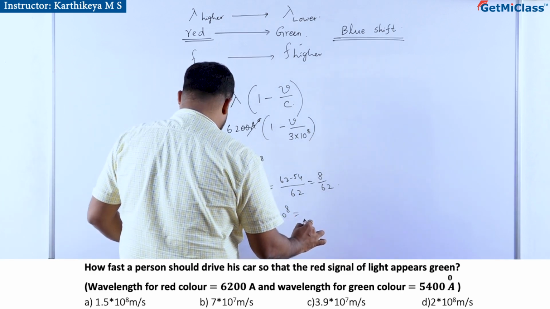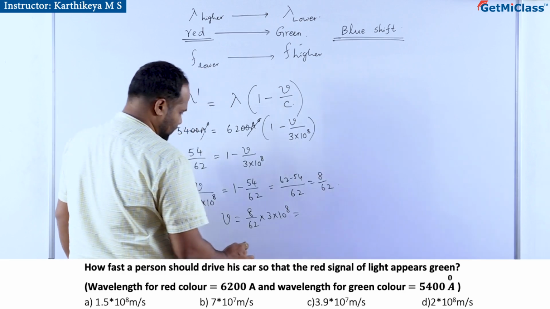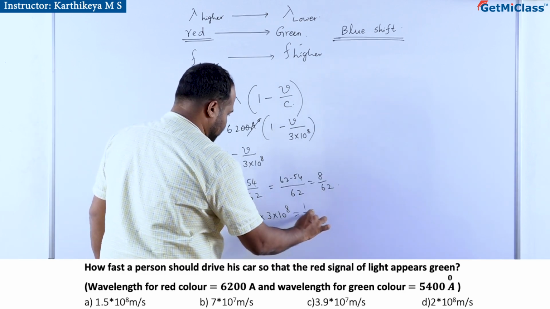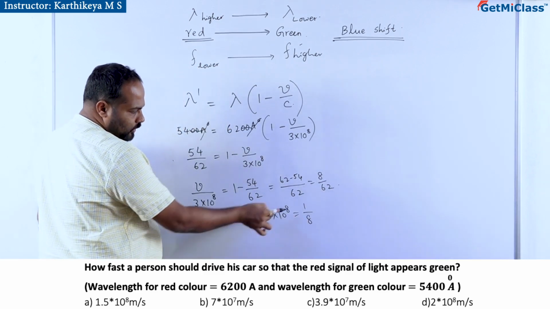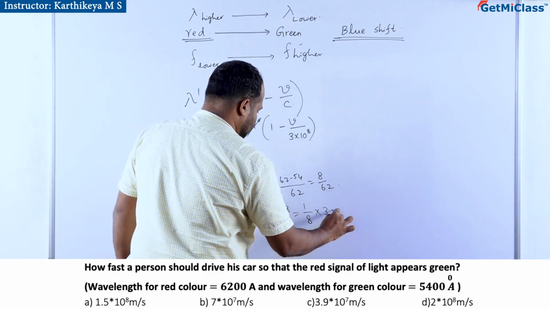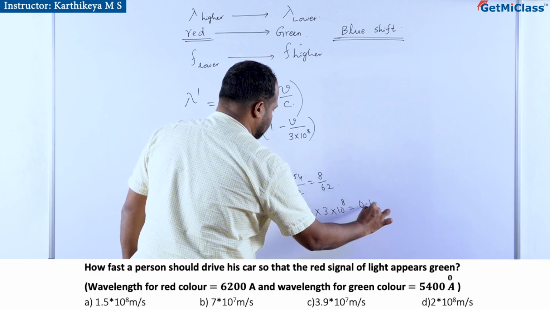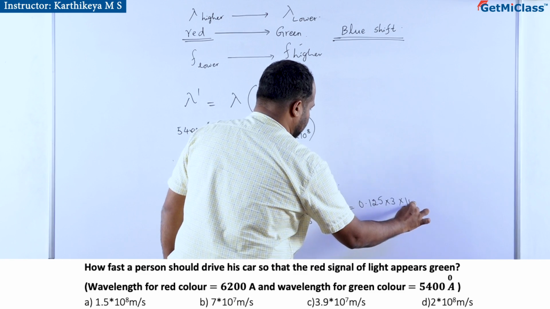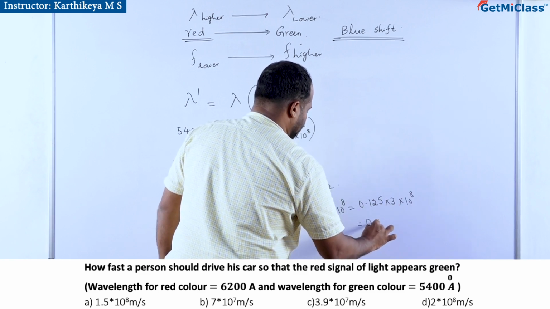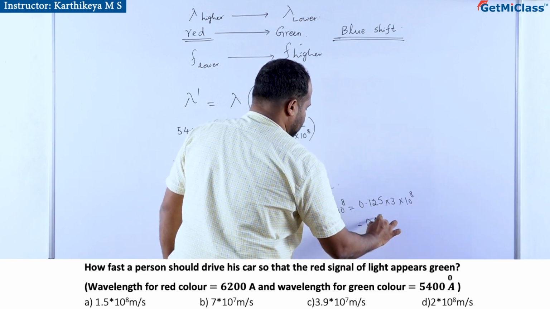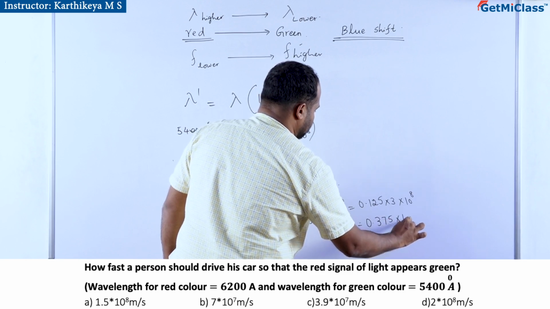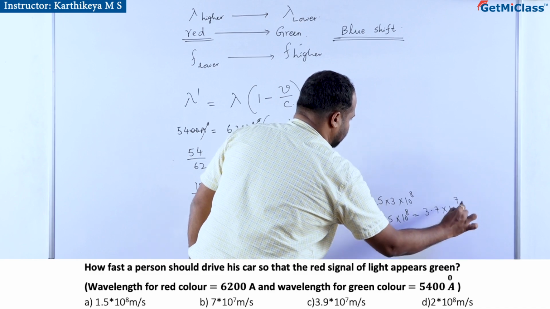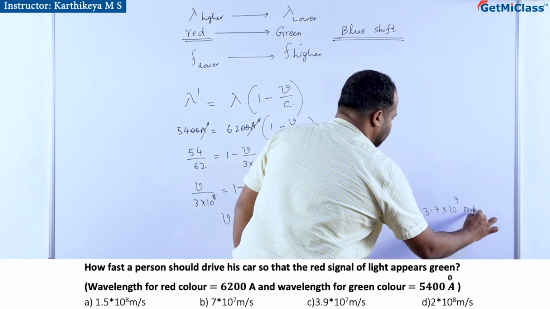Now if I go on calculating this, roughly 8 by 64 is 1 by 8, into 3 into 10 to the power 8, that is 0.125 into 3 into 10 to the power 8, that is 0.375 into 10 to the power 8, or 3.7 into 10 to the power 7 meter per second.